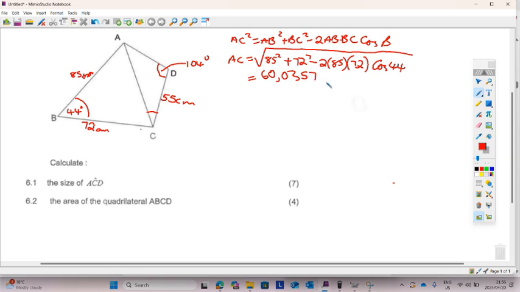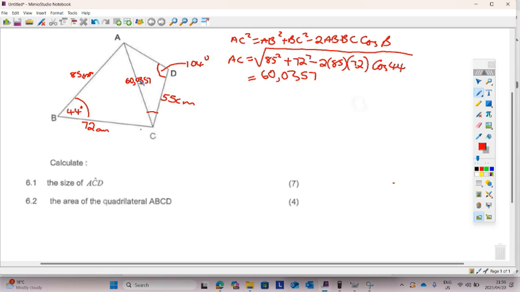I'm taking 4 decimal places because this is not my final answer. So this is 60.0357. That is my AC there.